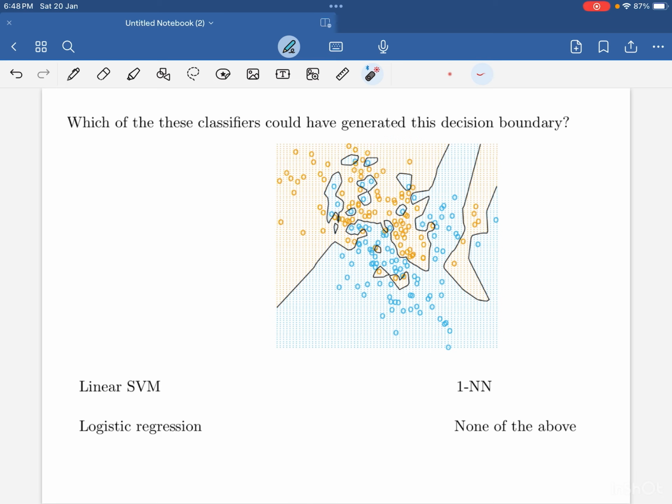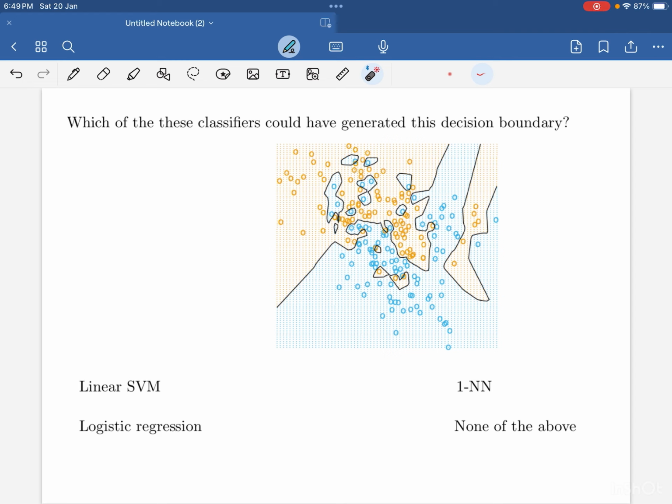Let's suppose we take k equal to 5, 6, 7, 8, 9. Which have the highest bias, right? 1 NN or 10 NN, right? Which have the highest bias, 1 NN and 10 NN?